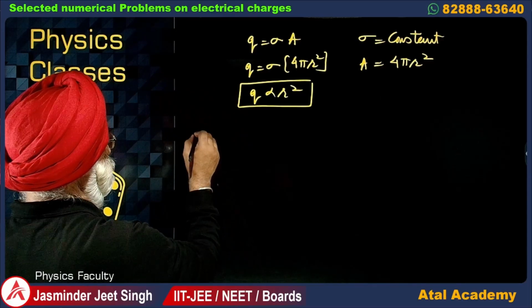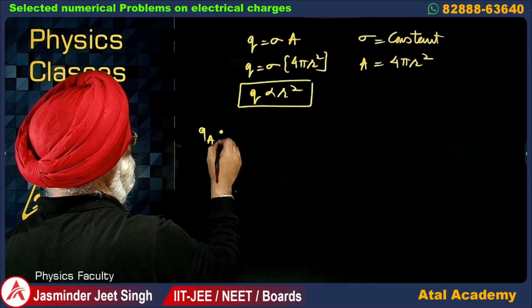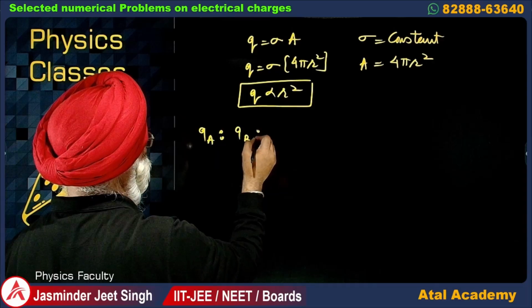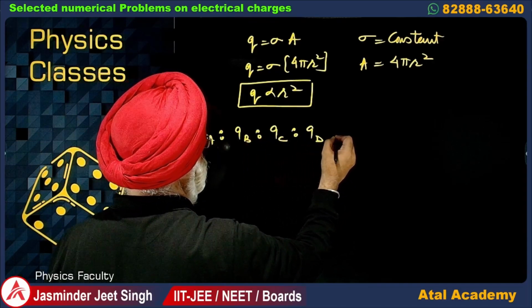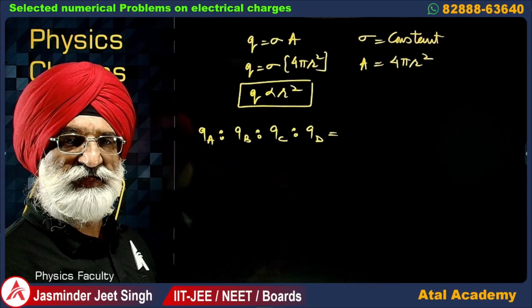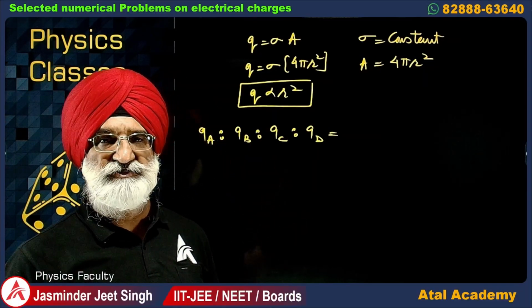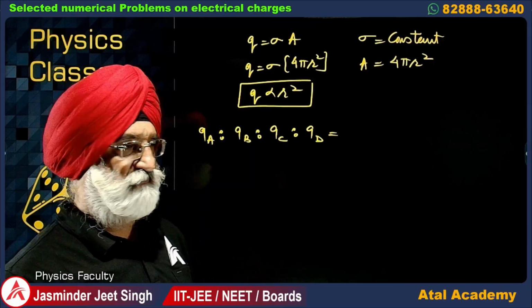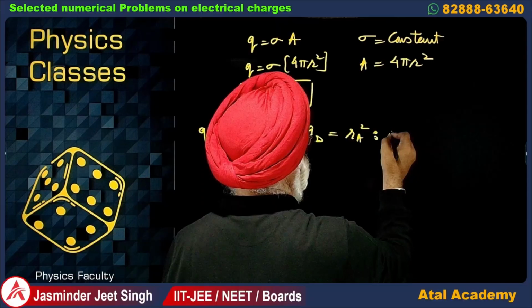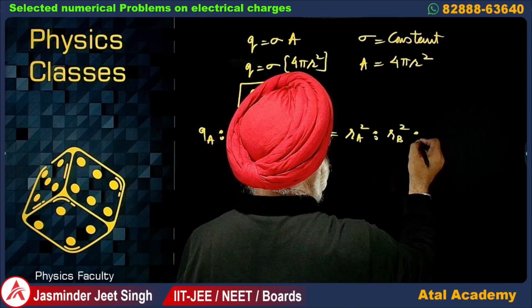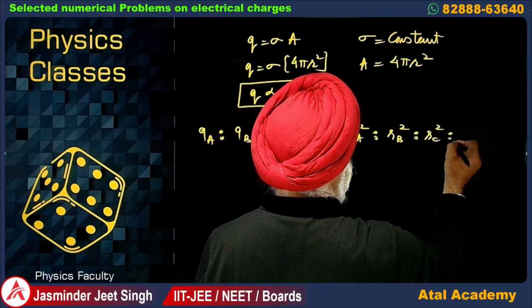Let the charge on the sphere A be QA and the charge on the sphere B be QB and the charge on this sphere be QC and the charge on this sphere be QD. These charges will be in the same ratio as the square of their radius. RA square is to RB square is to RC square is to RD square.